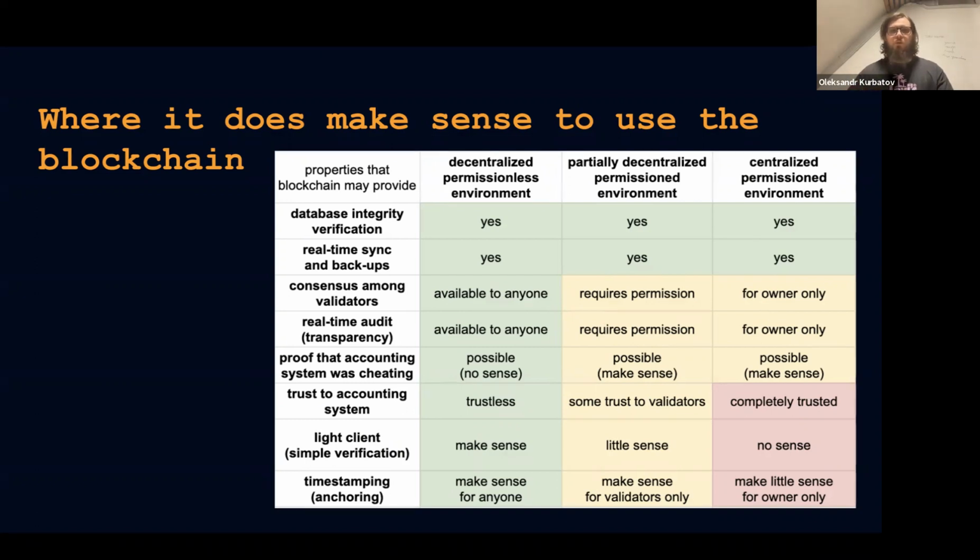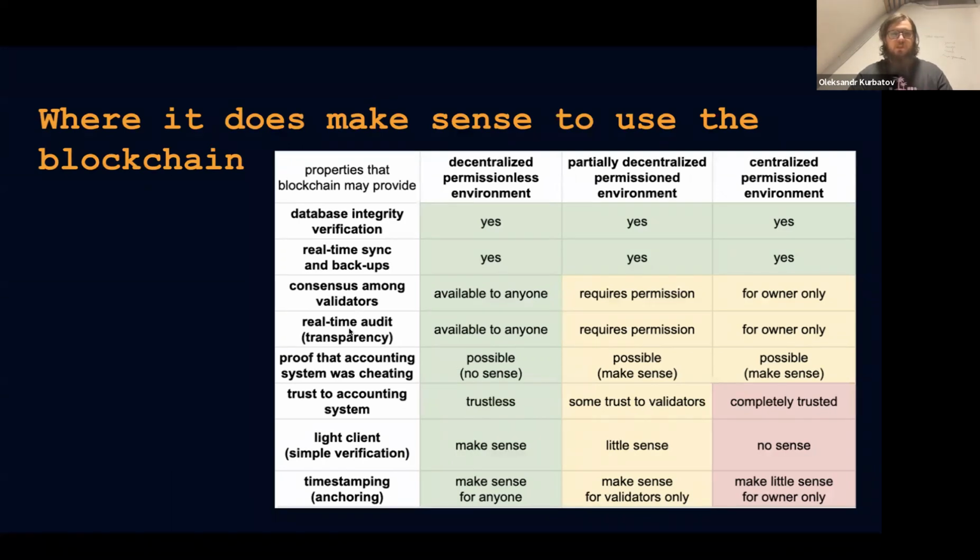Every owner can receive the full state of the system and can track all transactions and all events in this history, but nobody from the external world can receive access to your database and to the final state with accounting, balances, votes, it doesn't matter. So nobody external can receive access to this blockchain. And in a centralized permissioned environment, only the owner of the platform can receive the data that is processed by this accounting system.